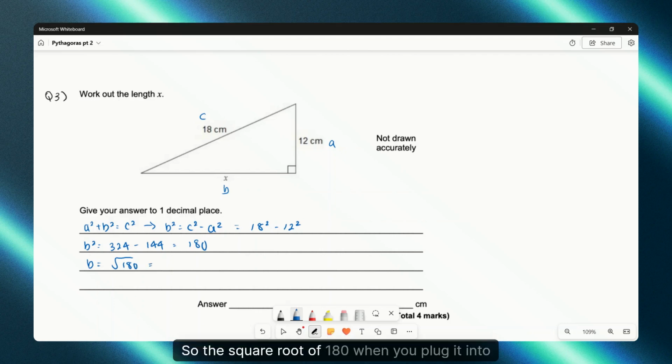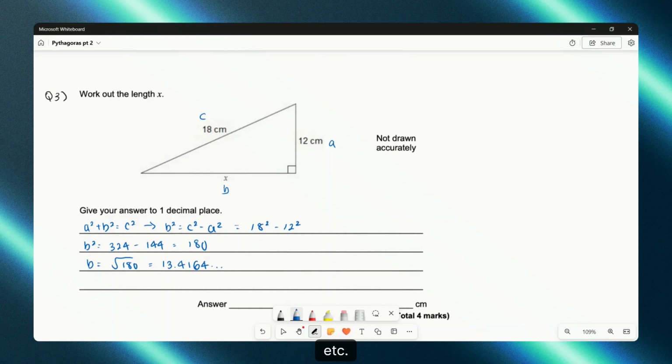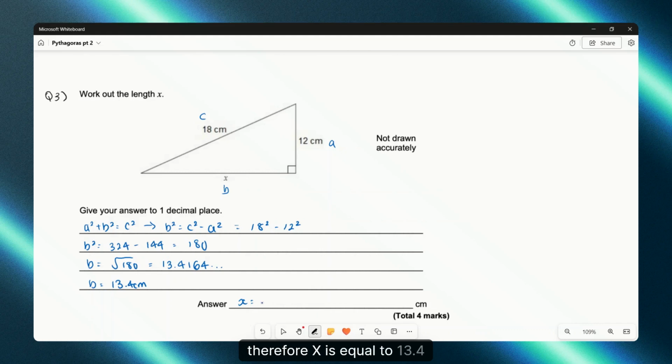So the square root of 180, when you plug it into the calculator, gives you 13.4164, etc. So to one decimal place, b is equal to 13.4 centimeters. And as we showed earlier, b is equal to x. Therefore, x is equal to 13.4 centimeters.